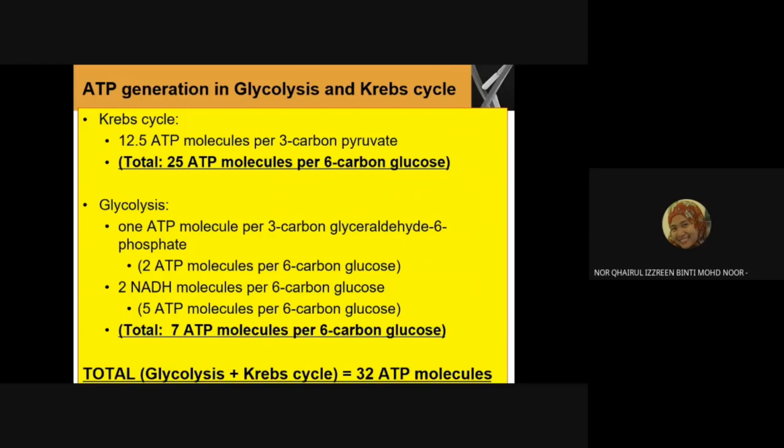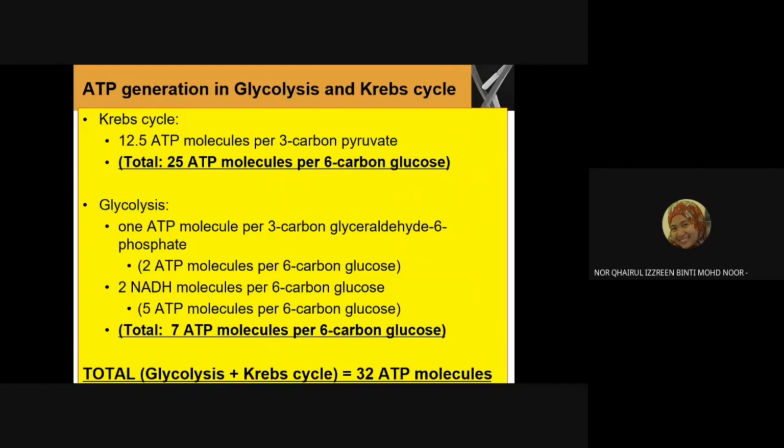Since glucose is 6 carbon, at the end of glycolysis we have 3-carbon molecules, which are glyceraldehyde 3-phosphate, so we're producing 2 molecules of pyruvate. So here 2 ATP molecules per 6-carbon glucose, 2 NADH molecules per 6-carbon glucose, and a total of 5 ATP molecules for 6-carbon glucose. So total 7 ATP molecules for 1 molecule of 6-carbon glucose.